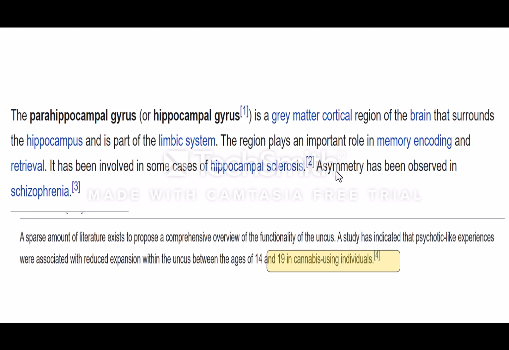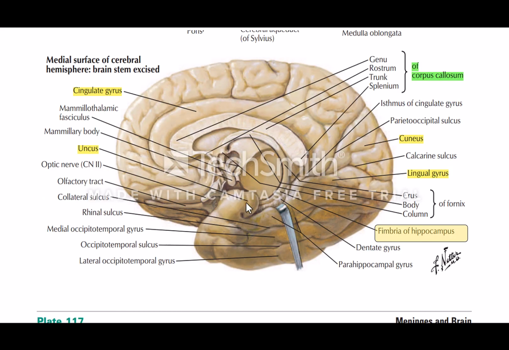Now, it's said that asymmetry of this parahippocampal or hippocampal gyrus has been observed in schizophrenia, which is a mental health, psychotic condition. A sparse amount of literature exists to propose a comprehensive overview of the functionality of the uncus, which is this anterior projection of the parahippocampal gyrus.